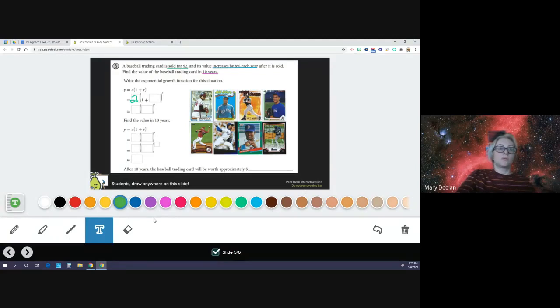The way we take 8% and change it to a decimal is 8 per 100, 8 divided by 100. If you're not sure, you can use a calculator, or think of moving your decimal 2 places to the left: 0.08. This decimal version is what I want to put here, because this is how I'll be able to do my calculations. I don't want to put 8% with the percent symbol.